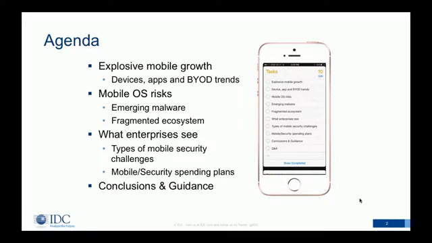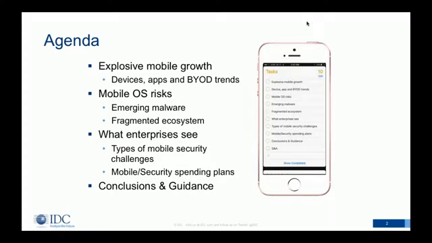We'll talk about mobile OS risks, some of the emerging things we're seeing in terms of new types of malware and OS exploits for the various operating systems in the enterprise, from an iOS and Android standpoint. And we'll talk a little bit about how the fragmented ecosystem of the mobile market in general feeds into this and creates this potentially high-risk scenario for businesses.